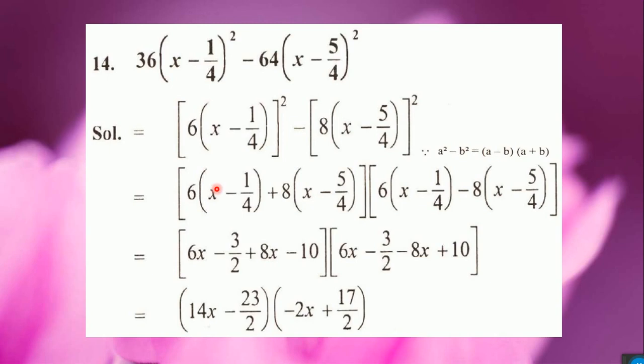Now open these round brackets. 6 multiplied by x, it is 6x, and 6 multiplied by minus 1/4, it is equal to minus 3/2. 2 3s are 6 and 2 2s are 4. Now 8 multiplied by x, it is 8x, and 8 multiplied by minus 5/4, it is equal to minus 10.